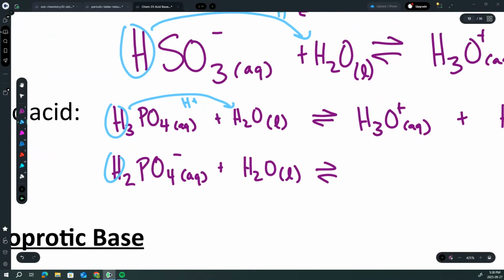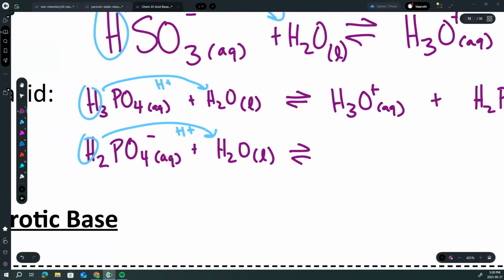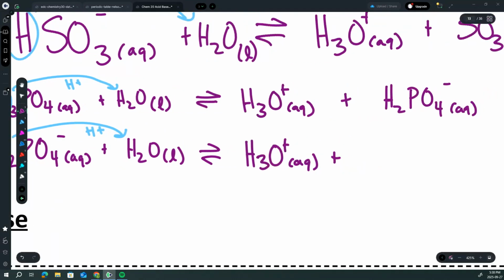And then we're giving away a hydrogen, or a proton, sorry, because it is an acid and acids give away their protons. Okay, so we have our hydronium ion plus HPO4, 2 minus.